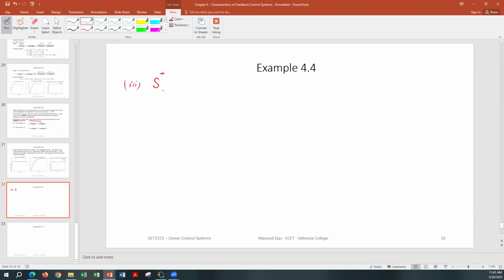Sensitivity of the system with respect to G. Transfer function, of course, is G_C(s) G(s) over 1 plus G_C G, and again, we're keeping T_D(s) to be equal to 0.